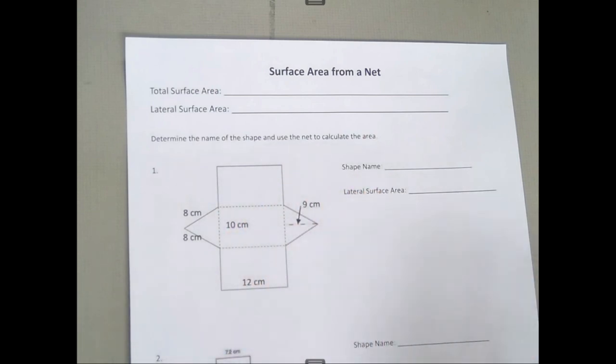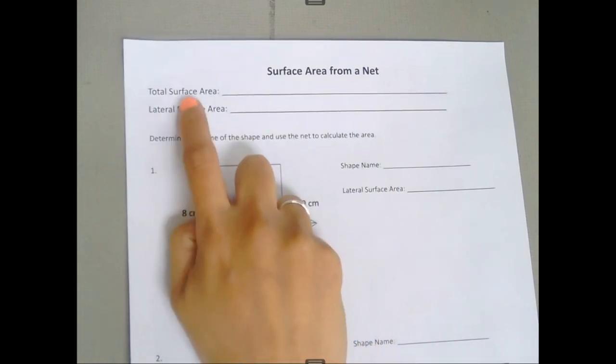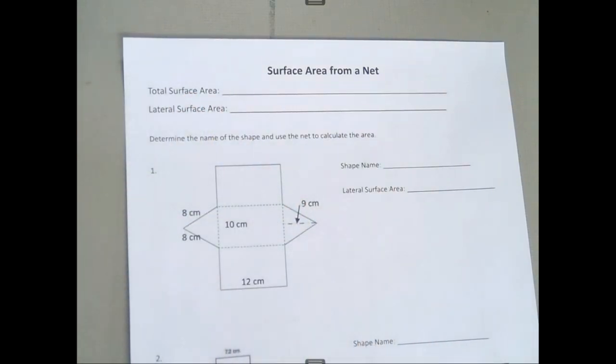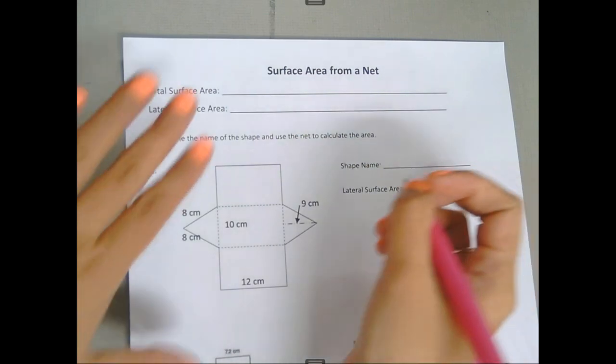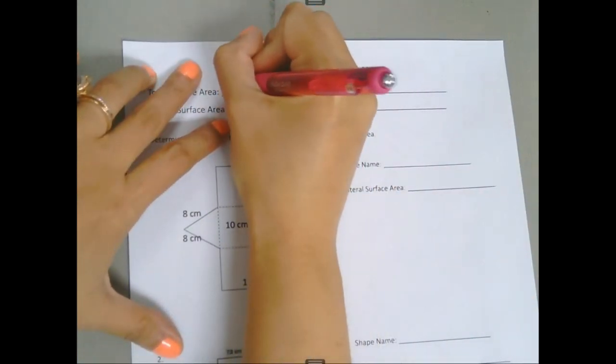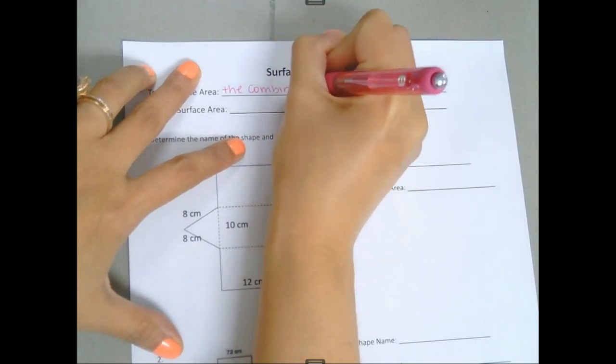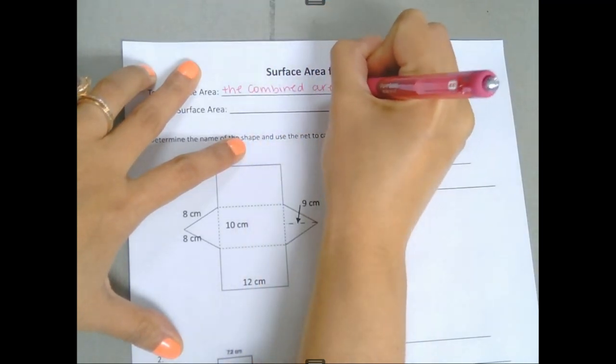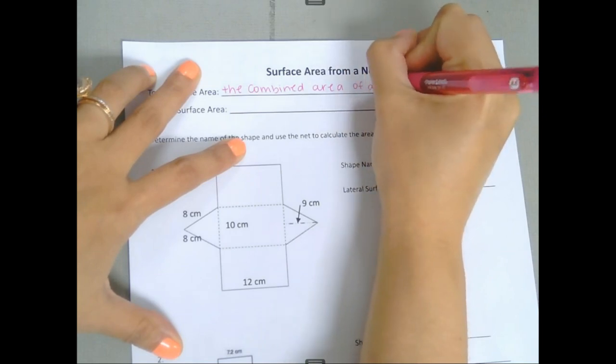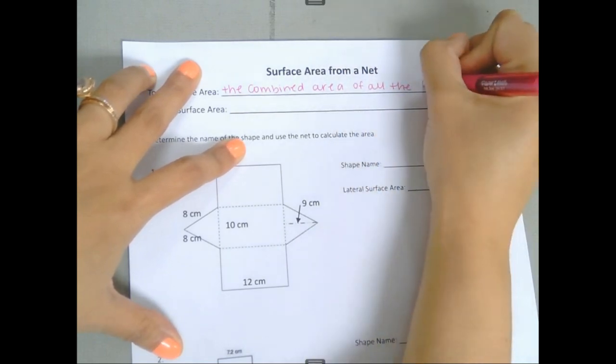So before we get started, let's talk about a couple vocabulary words. The first one is total surface area. Total surface area is the combined area of all the faces.